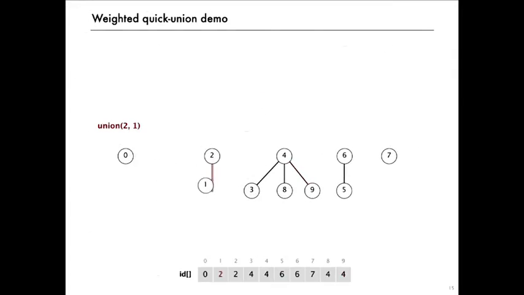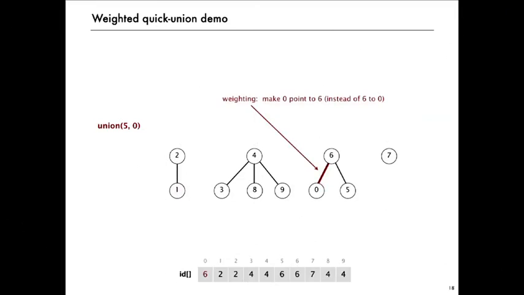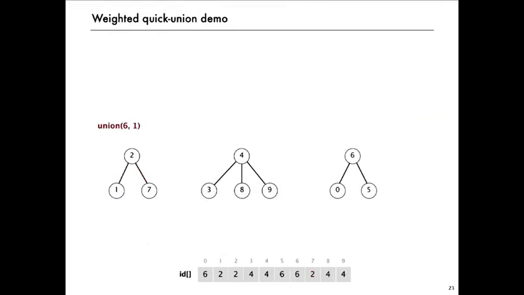2 and 1. 5 and 0. So now 5's in the bigger tree, so 0 goes below. 7 and 2. 2's in the bigger tree, so 7 goes below. 6 and 1.